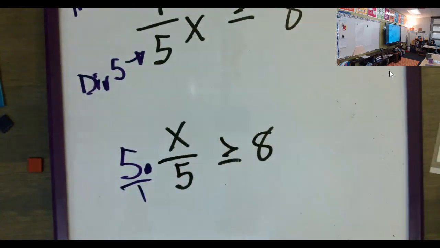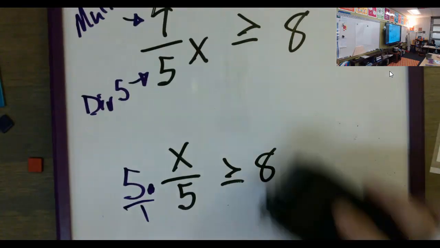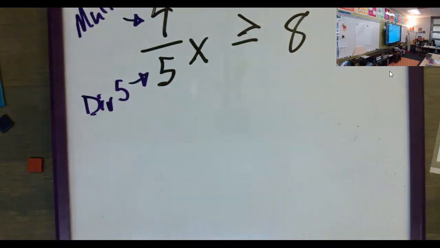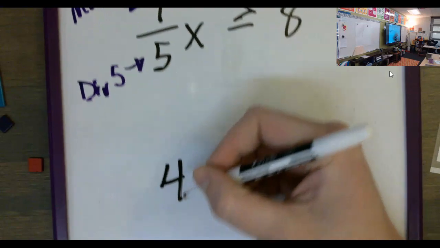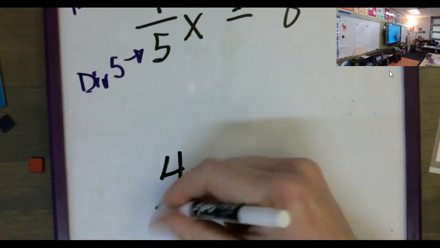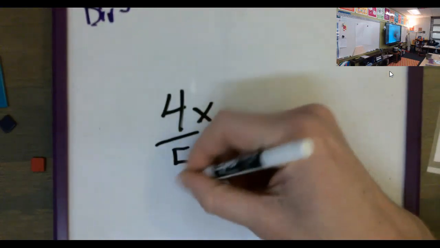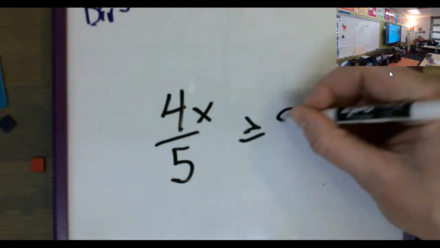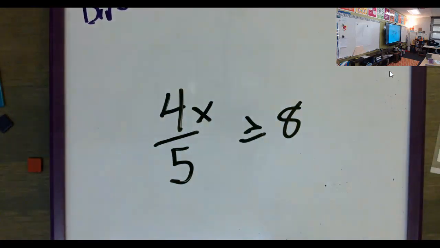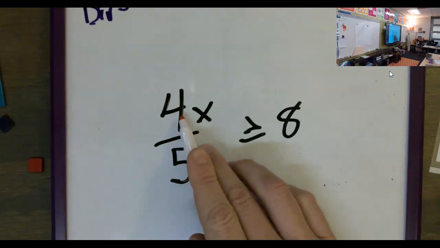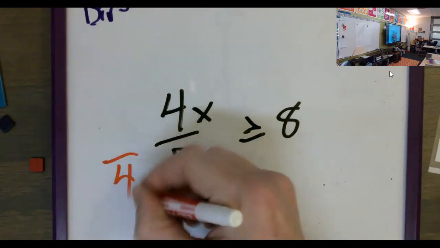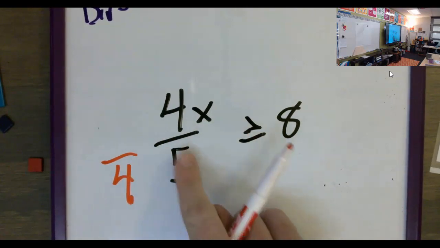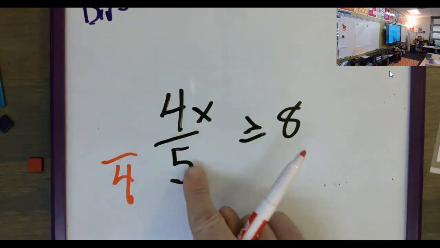And if you want to put this on top to make it look better. So what we want to do is at the same time undo the multiplication by 4 and undo the division by 5. How can we undo multiplication by 4? Divide by 4. How can we undo division by 5?